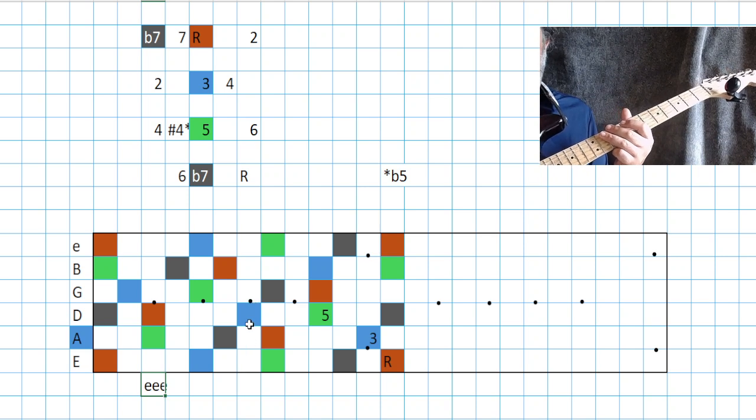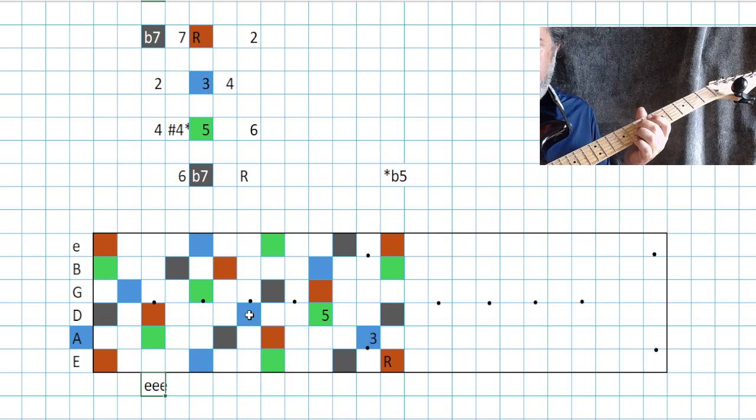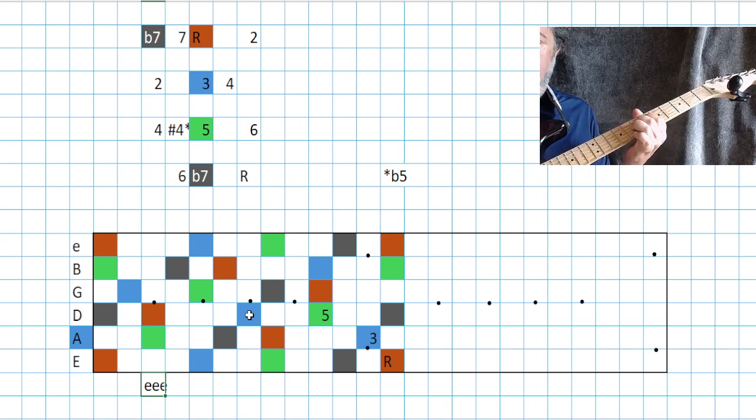So, for example, here's a blue, the major third here. That doesn't sound minor, but it's because your ear is hearing the root 2 in the minor third.